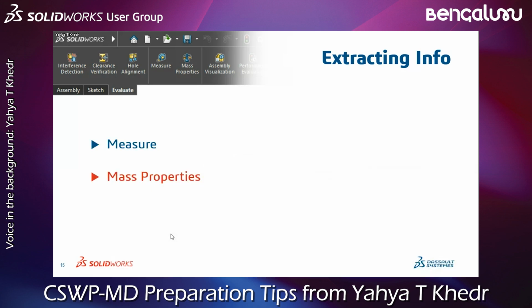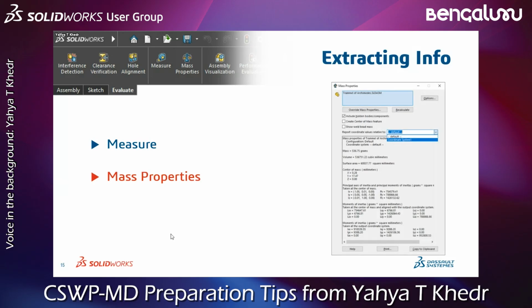On the other hand, the mass properties, this is where it's pretty much the same as the CSWA, but remember, in this case, when it comes to centers of mass and stuff, it's, if I'm not mistaken, always defaulting to the origin of the assembly. Sometimes you would want to have a different reference. Let's say you created a separate coordinate system or something. So that's also something worth paying attention to.